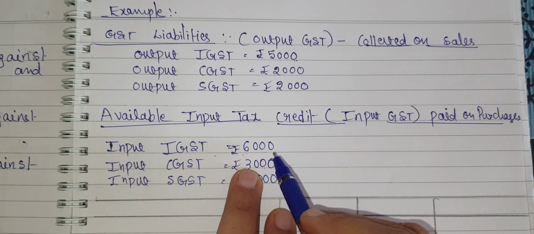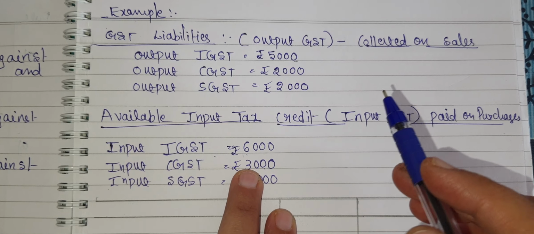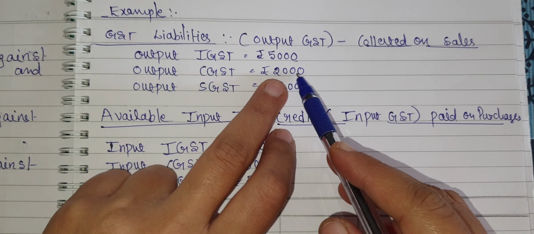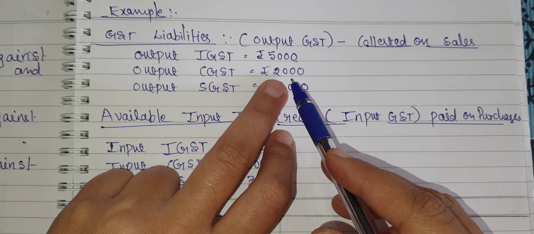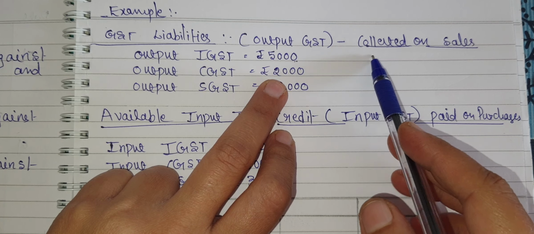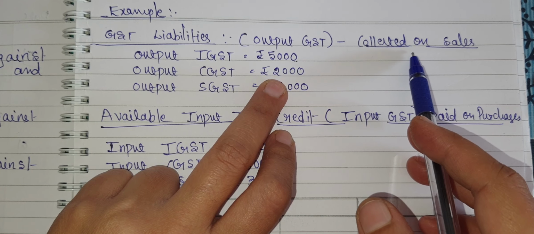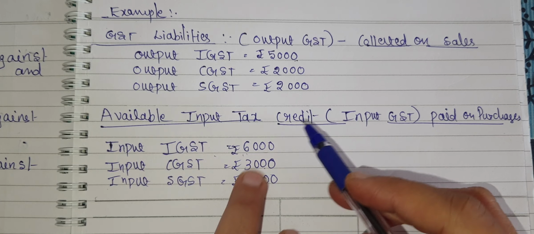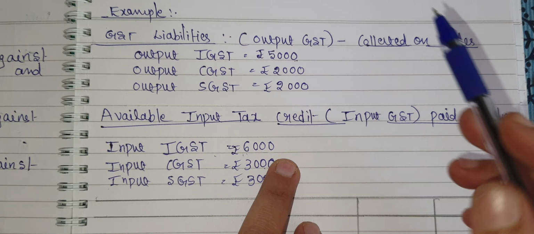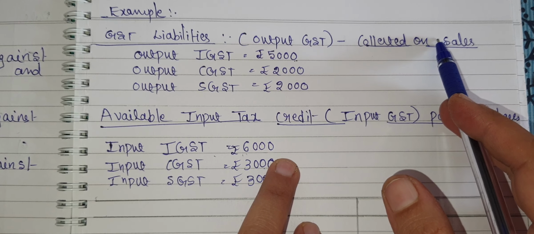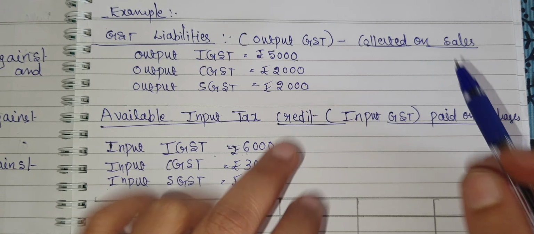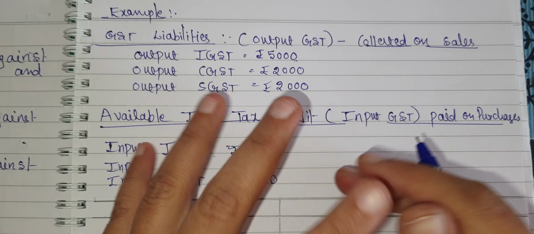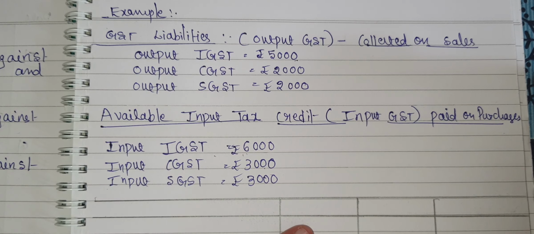But during purchases you have already paid the tax. So instead of paying the full tax collected on sale, you can subtract the input GST already paid from the output GST. Okay, so the remaining balance of tax we need to pay to the government.